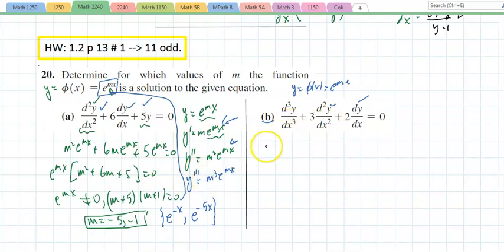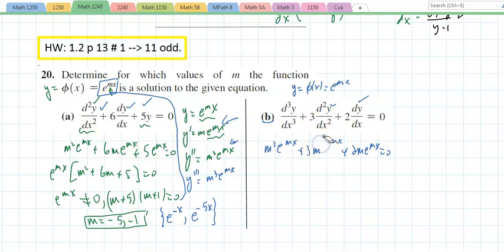And if I substitute, wouldn't that be m cubed e to the mx plus 3 times m squared e to the mx plus 2 times m e to the mx equals 0?